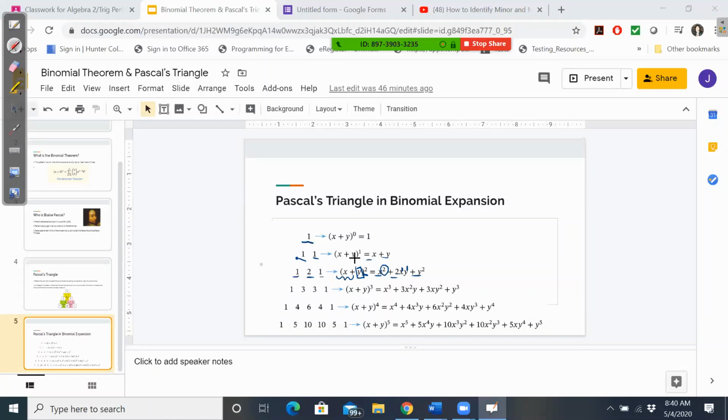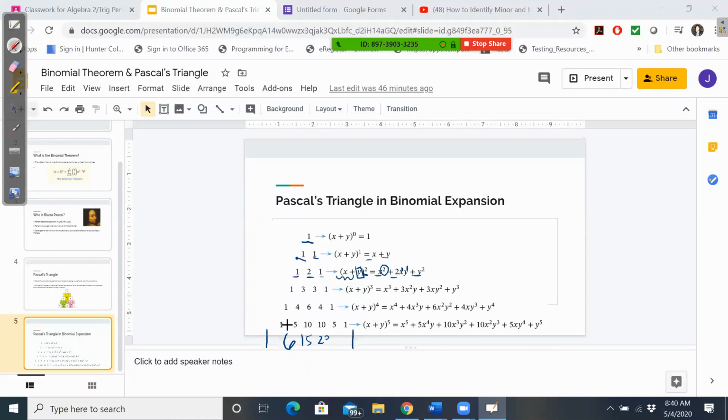So let's say I was doing something with our 6th row, just to show you how this all works out. So I'm going to keep 1s at the ends, and then I'm going to have the sum of these guys. So I'm going to have a 6, a 15, a 20.